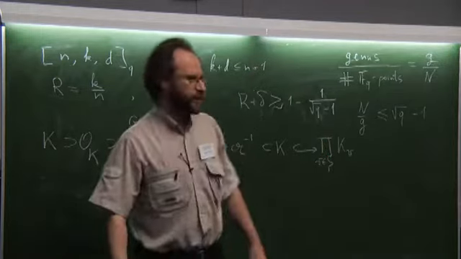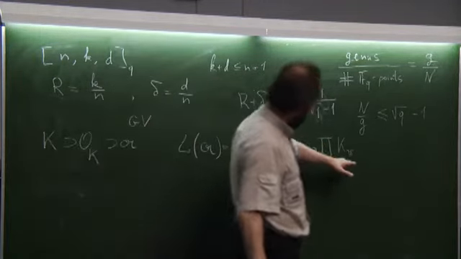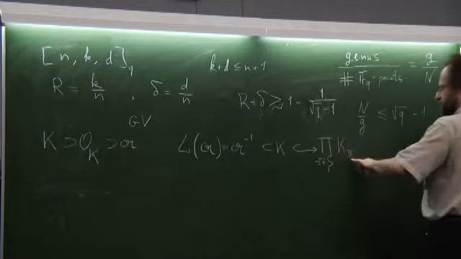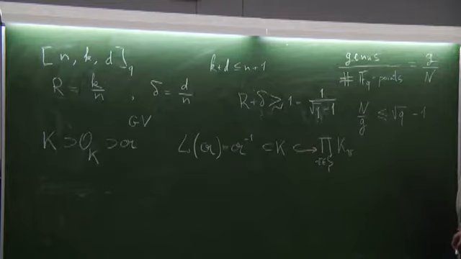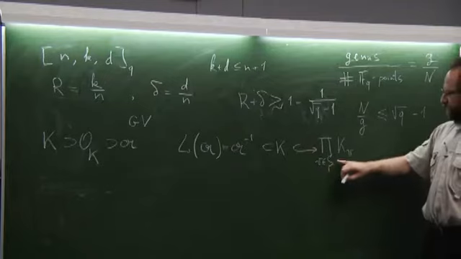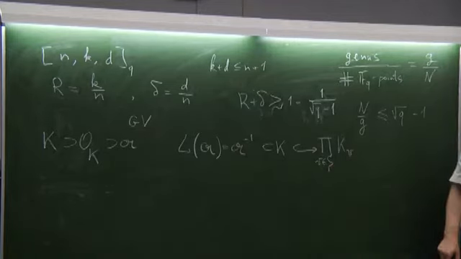Because these fields are of different characteristics if you reduce them by the maximal ideal, and some of these places are Archimedean, and so you are more or less lost.